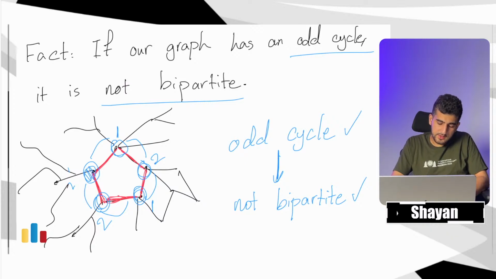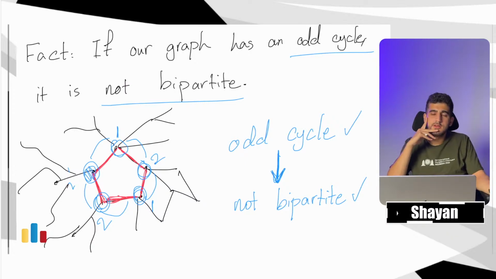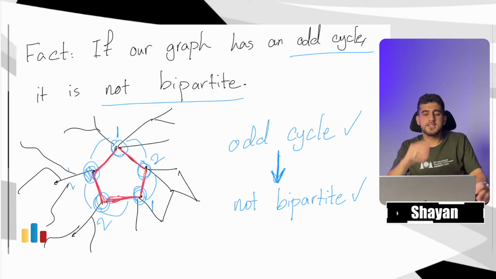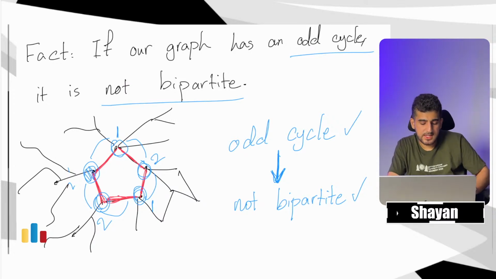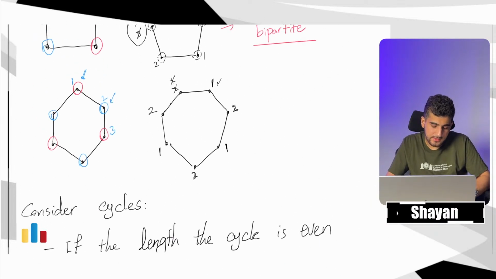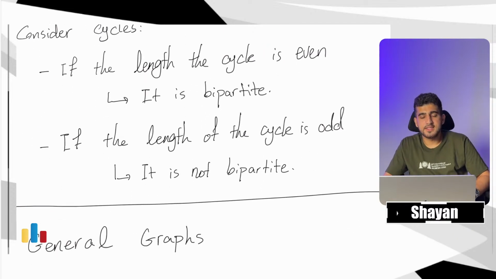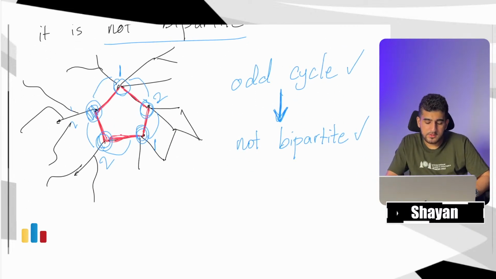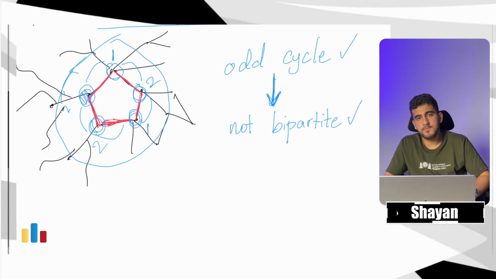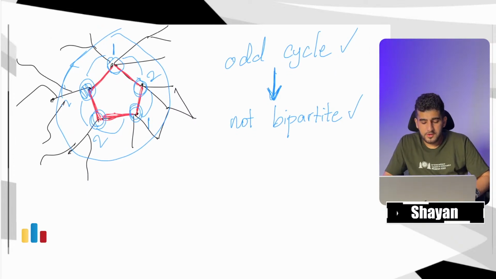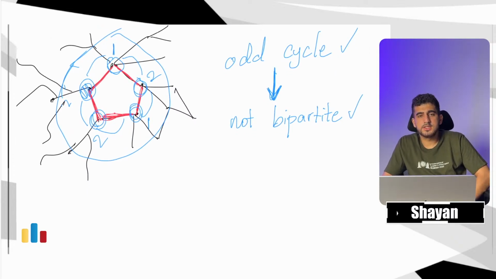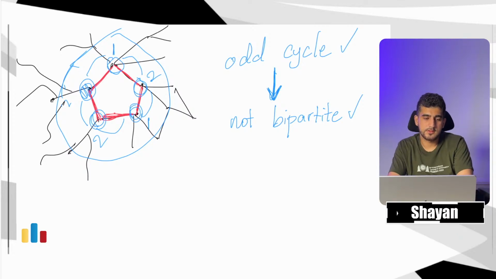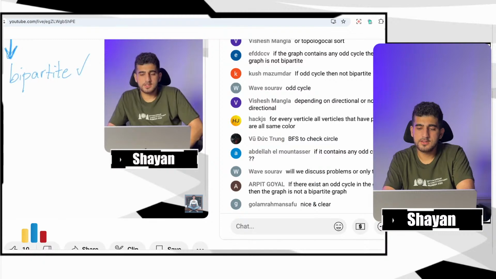It is in this direction and not the other direction. Is it clear so far? So what we said is that if we have any subgraph that is an odd cycle, then there's nothing that we can do with that odd cycle. Therefore, it is not bipartite. Is it clear?